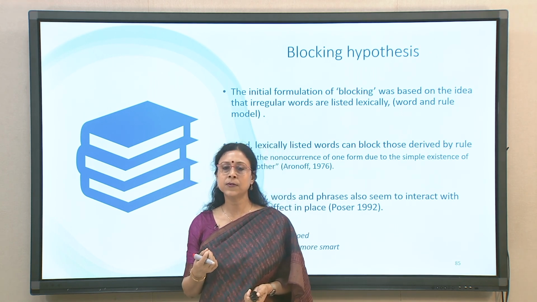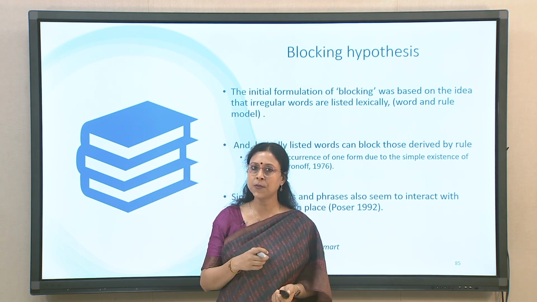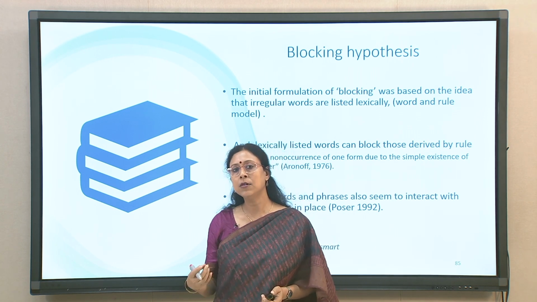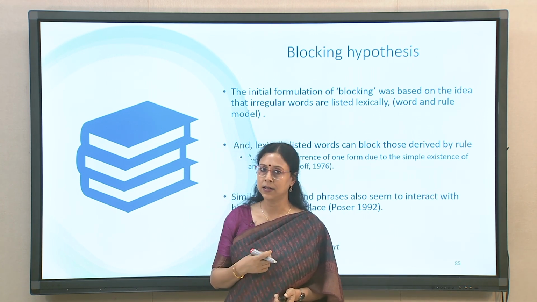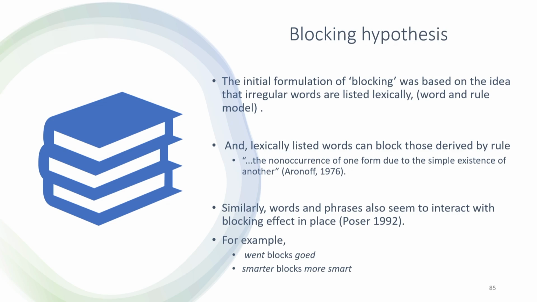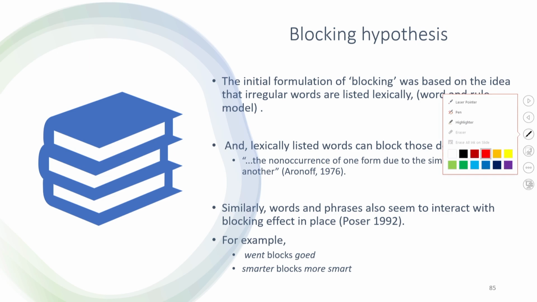In terms of this theory, the irregular forms are part of one list, the regular forms are part of another list. Because we have two lists, lexically listed words can block those derived by rule. That is where our blocking hypothesis comes from.